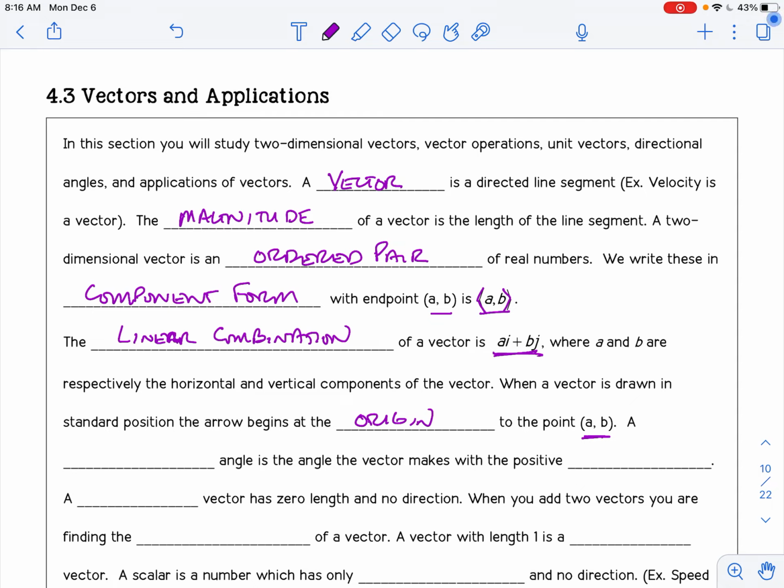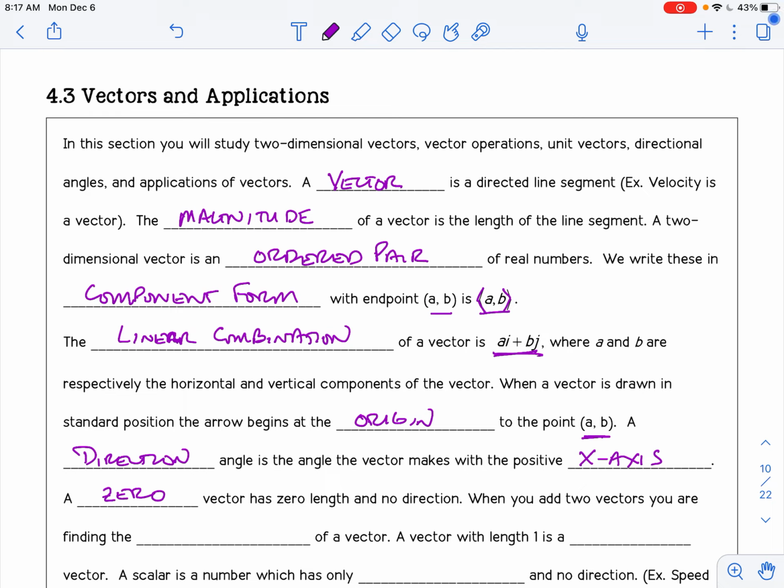So the next thing says a direction angle. A direction angle is the angle the vector makes with the positive x-axis. Now, the next thing it says, a zero vector, which is kind of interesting, comes up every now and then, has zero length and no direction.